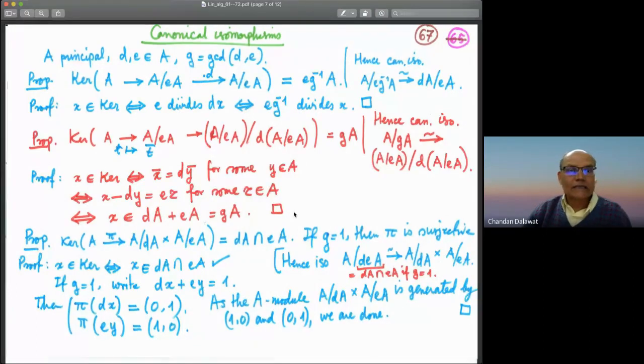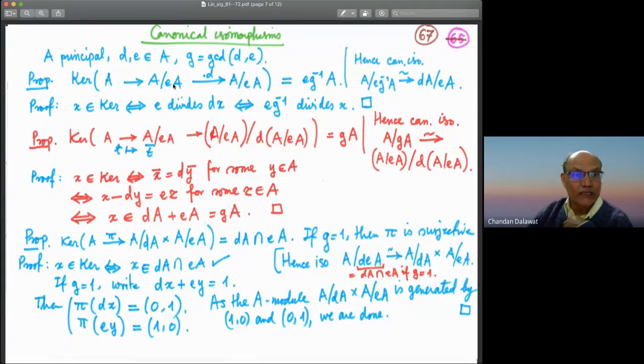So let us prove some small things about these canonical isomorphisms which we'll need later. So I have a principal ring A, two elements D and E in A, and I denote by G the GCD of D and E. Then I have A modulo E and A modulo E, and I have the multiplication by D map from A modulo E to A modulo E. And one can ask, what is the kernel of this map?